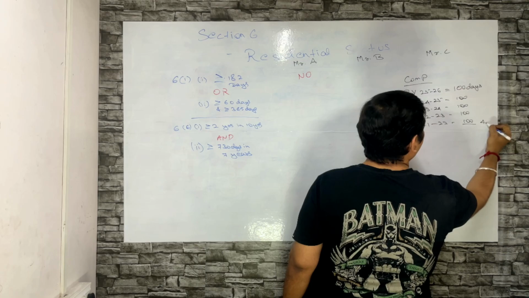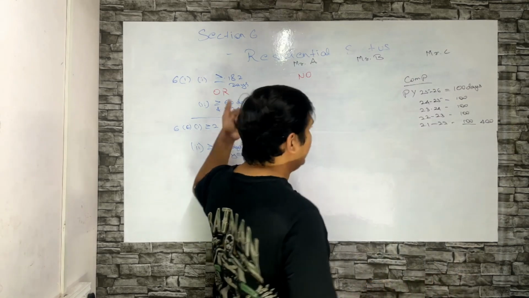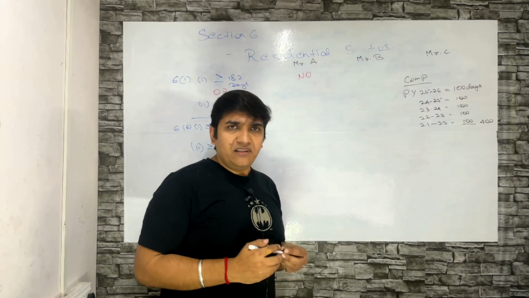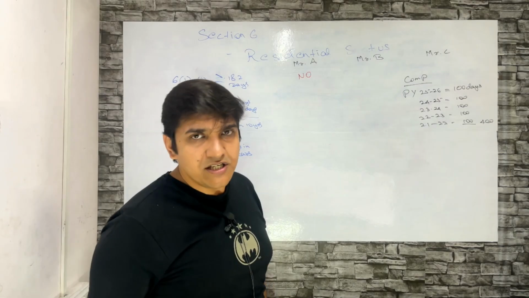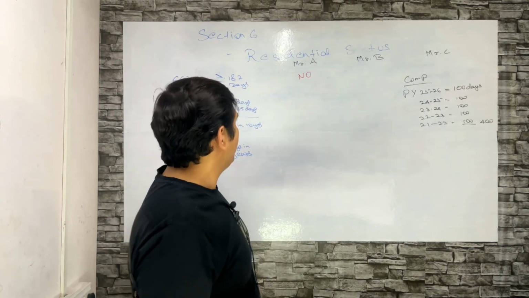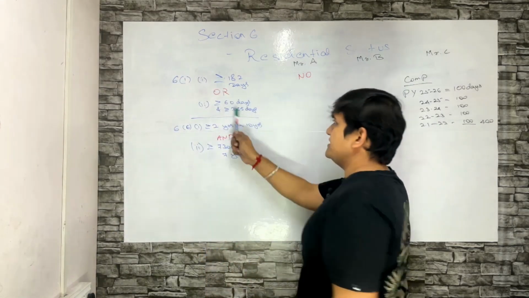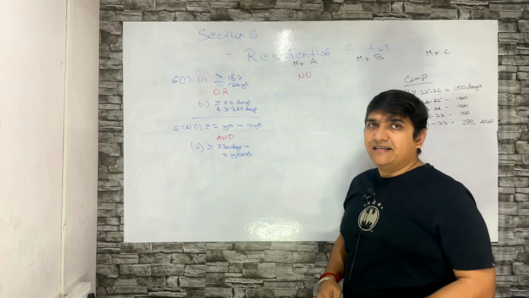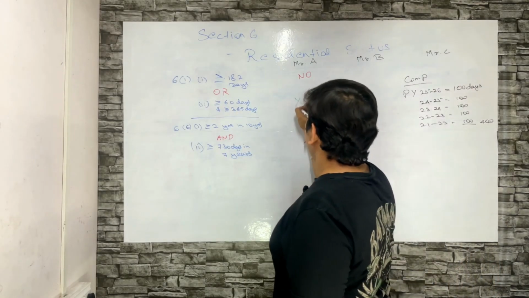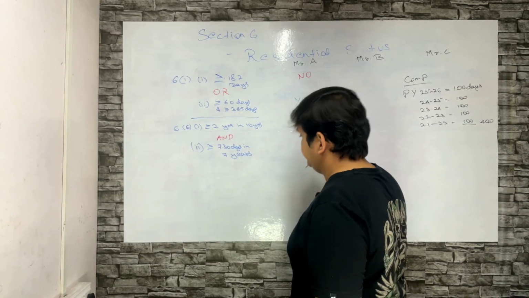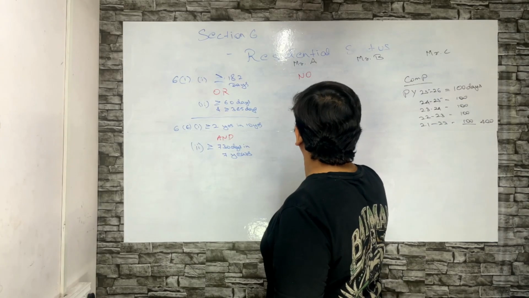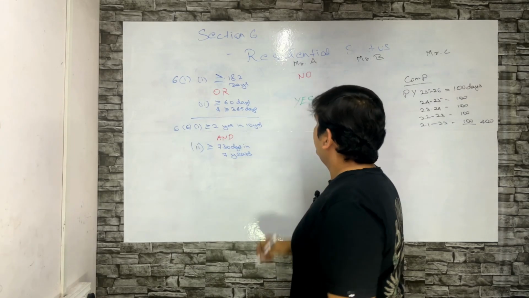Total, does it come to more than 365? Yes, it does. Total is 400, which is more than 365. So is the second condition satisfied? Yes, it is satisfied. So I'll write a yes here.